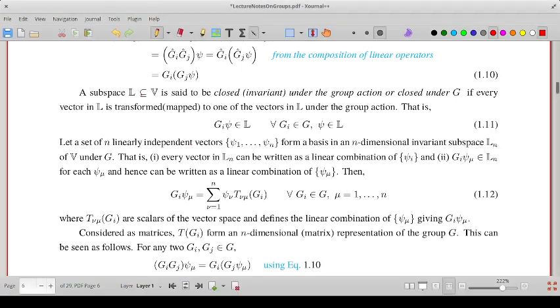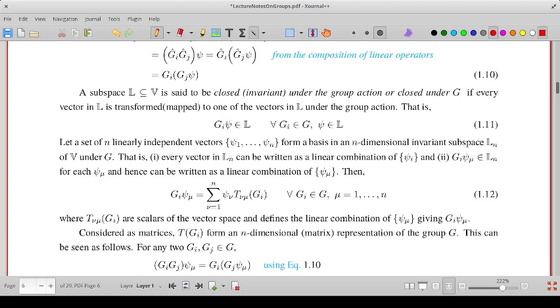Now consider a subspace L of the vector space V. If we take an arbitrary vector psi in that vector space and consider the action of a group element gi on it, the result would be gi psi, the action of gi on the vector psi.